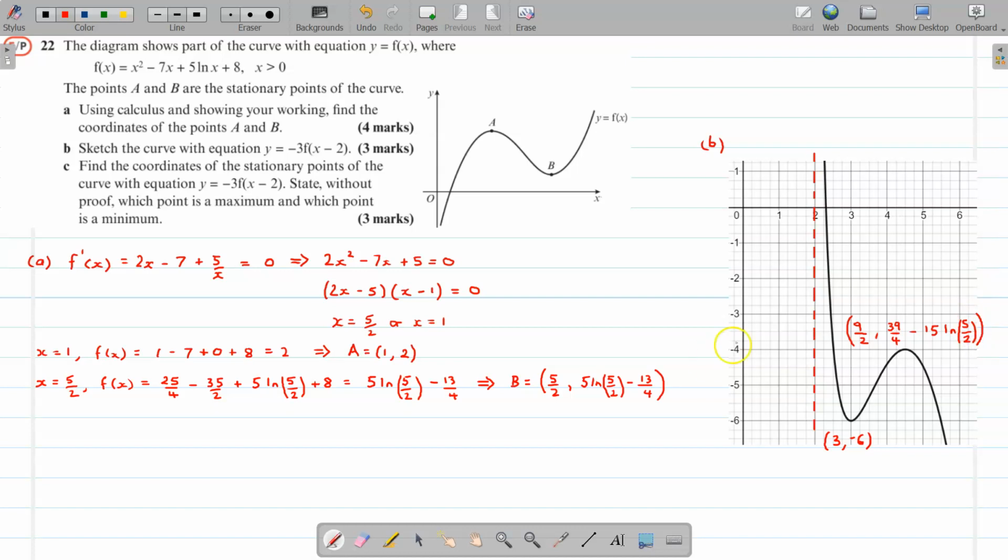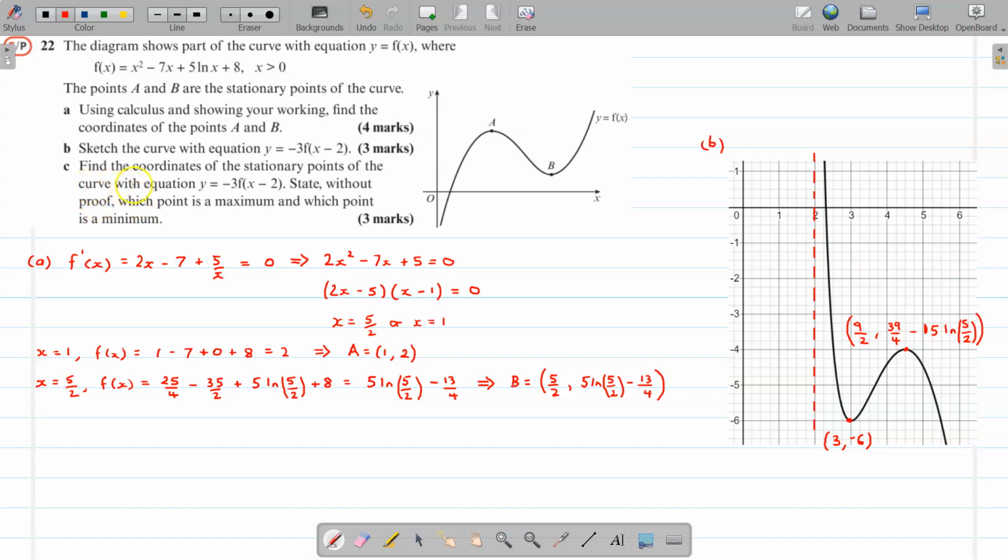So writing it in natural form makes it a little bit cumbersome to write down, but that's it. So it's 39 quarters minus 15 lots of log 5 over 2, and that's the coordinates of the new position for the point B, and that's A there.